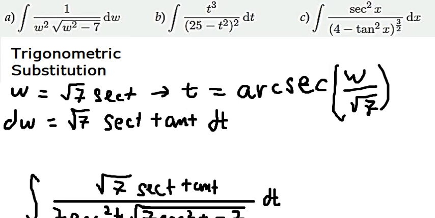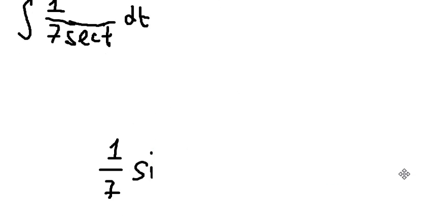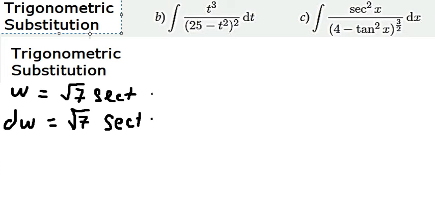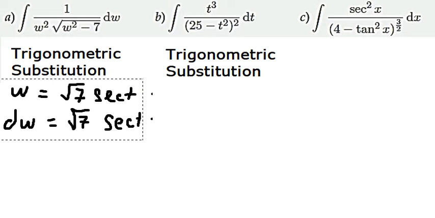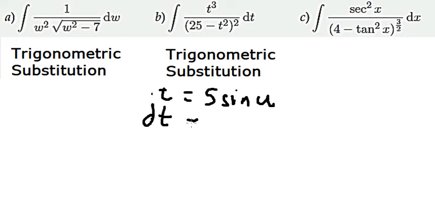Now let's go to question number 2. We use the same technique and we need to use about t equal to 5 sine u. So we got about dt equal to 5 cosine u du.